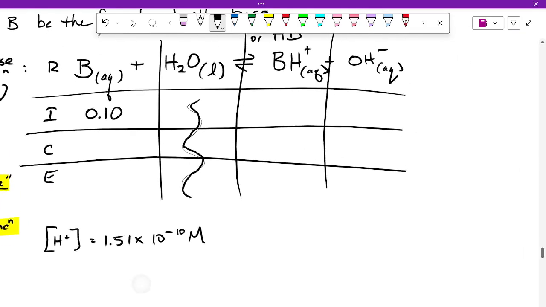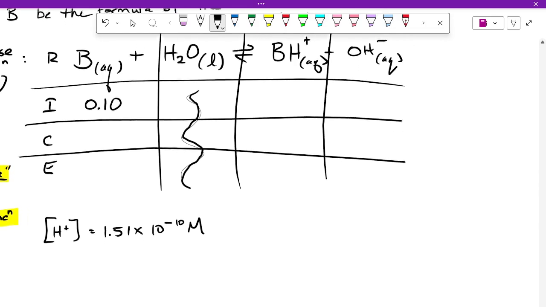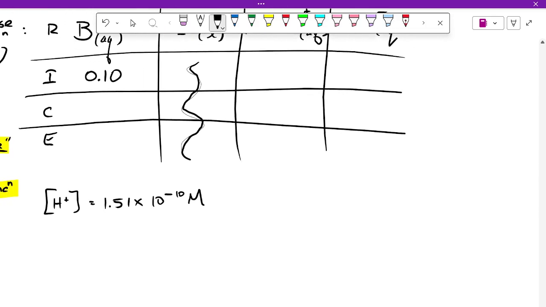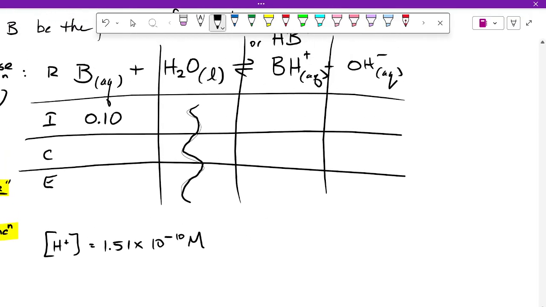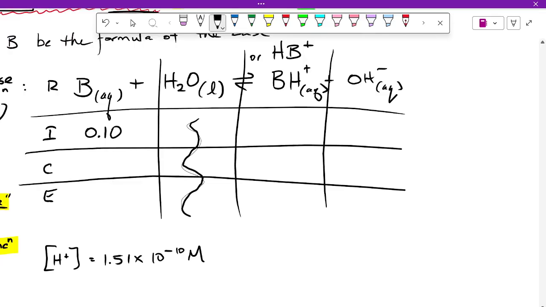Can we put that in our equilibrium anywhere in our RICE table? For the final. It is going to be a final. We need to convert to concentration of OH minus.